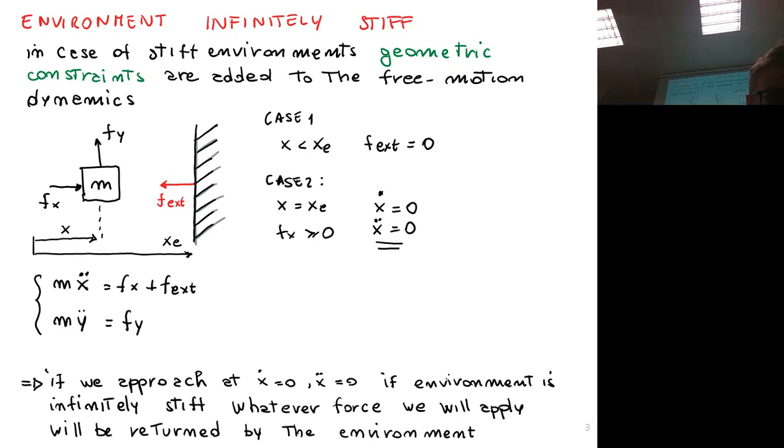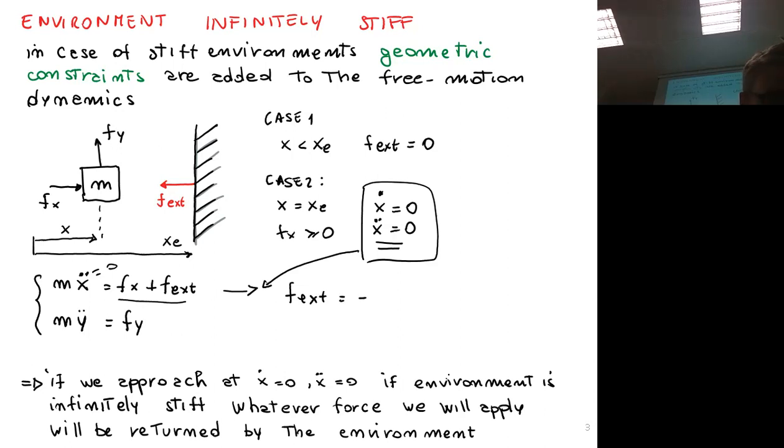So in the situation in which we are applying a force Fx and we have 0 acceleration, we have an algebraic force relationship between Fx and Fx external, because this goes to 0, and we get in essence Fx external equal to minus Fx.